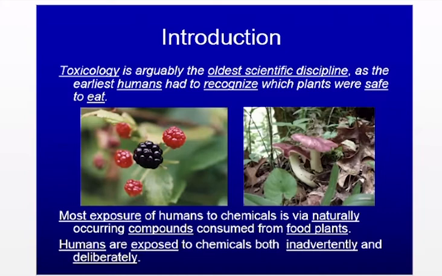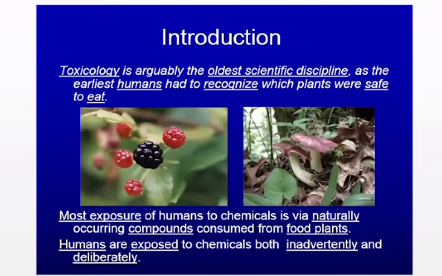For instance, if they see a mushroom and flies cannot sit on it, then they will suspect that this might be a poisonous plant. But if flies were able to sit on it, they would collect that type of mushroom, and to them it was edible and it was not poisonous. So people have used various techniques or knowledge of the plants to differentiate which one is a toxin and which one is not a toxin.